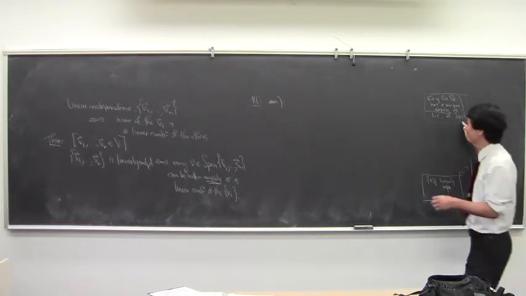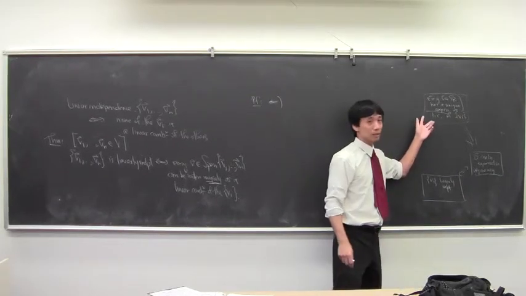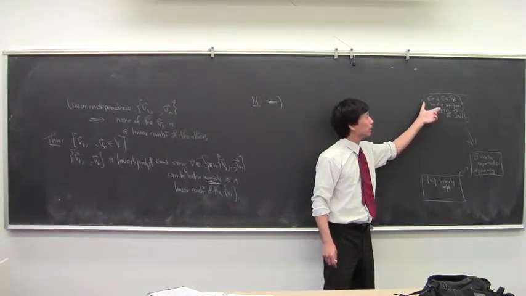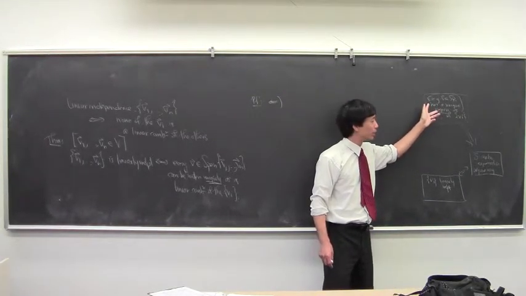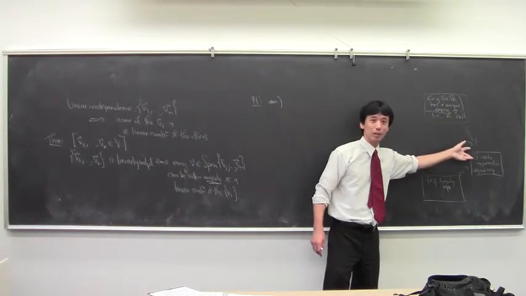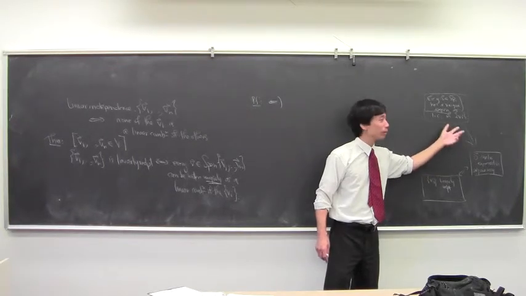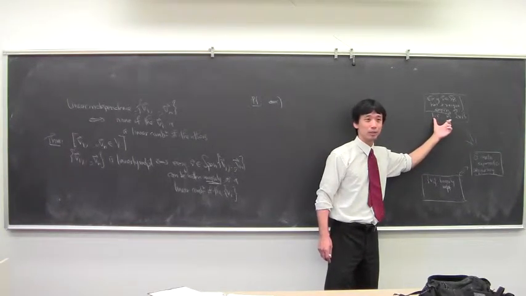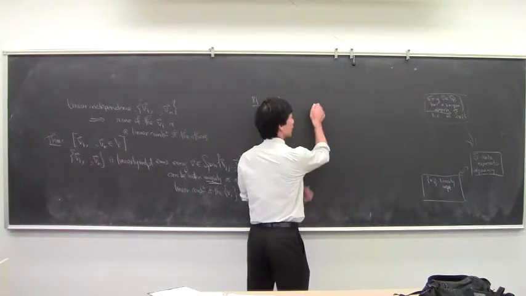You say, well, look, everybody has a unique expression. In particular, 0 has a unique expression, right? And you know one expression that works, namely, so let me write it down.